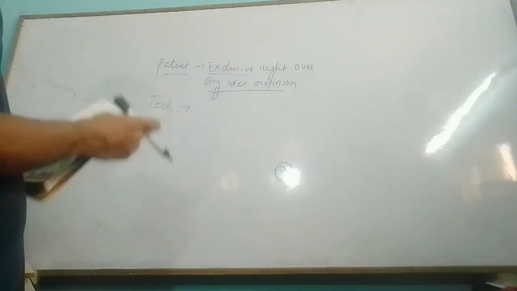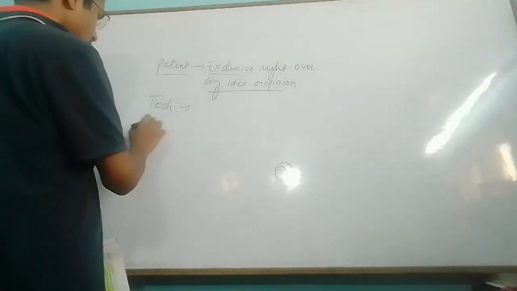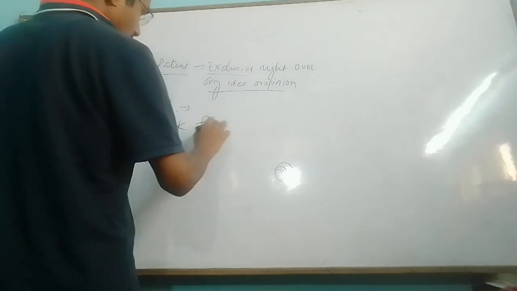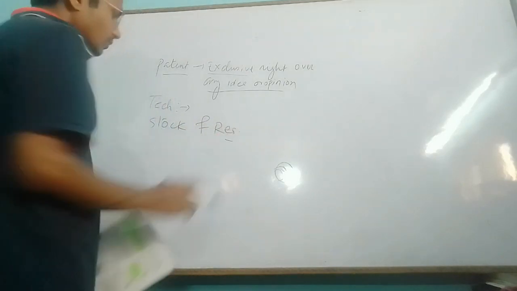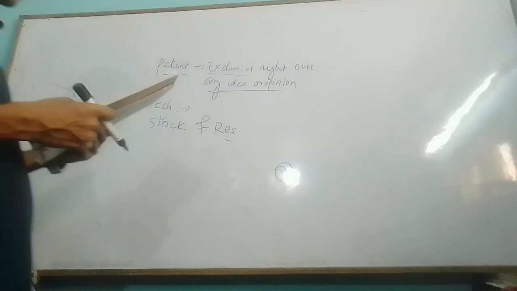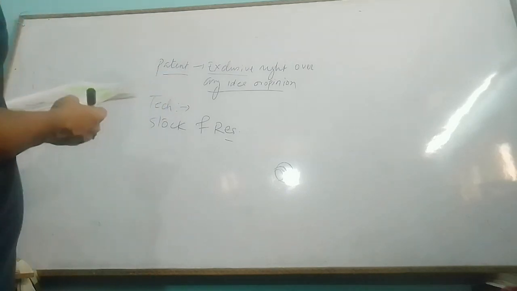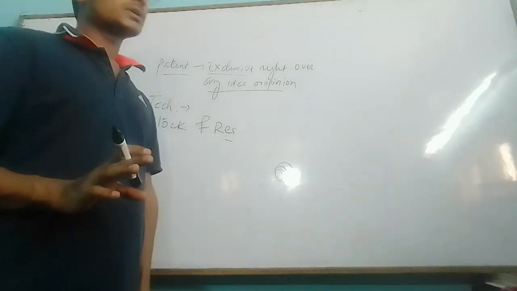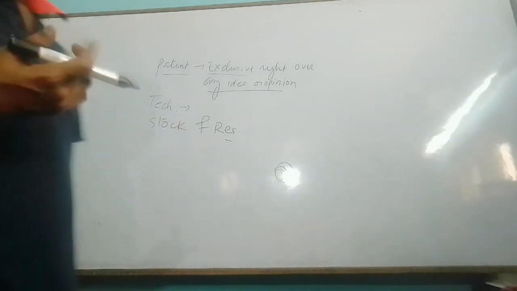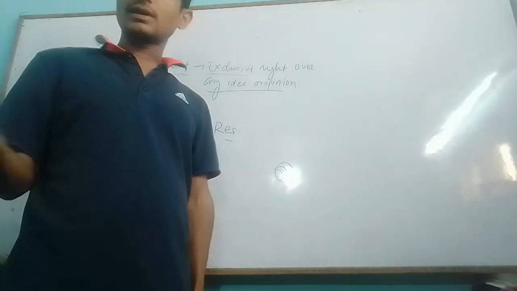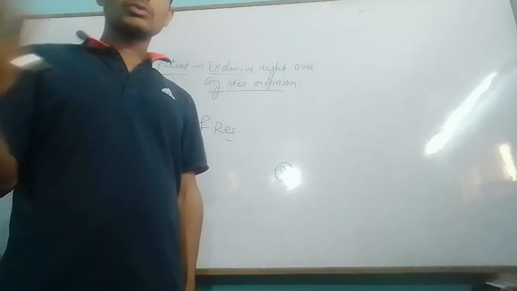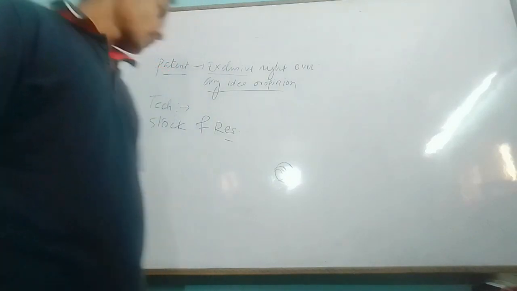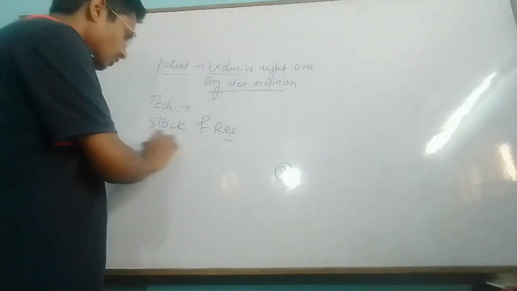Next is a stock of resources. What do you mean by a stock of resources? A stock of resources means the amount of resources available for use. Suppose something is available for your utilization, then in that situation you can say that is the stock of resources.